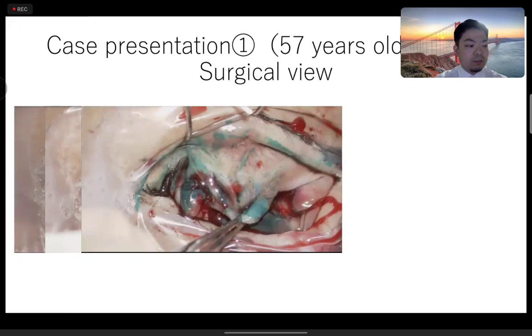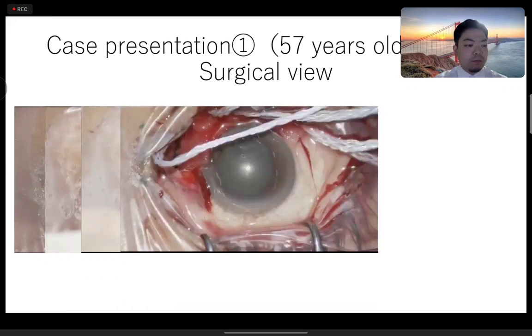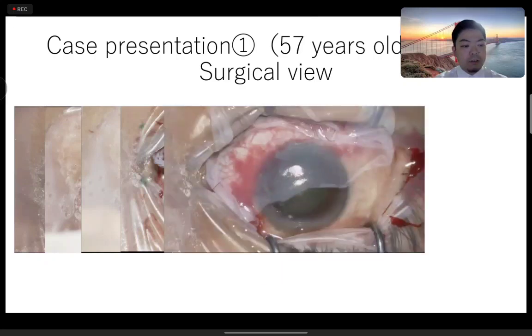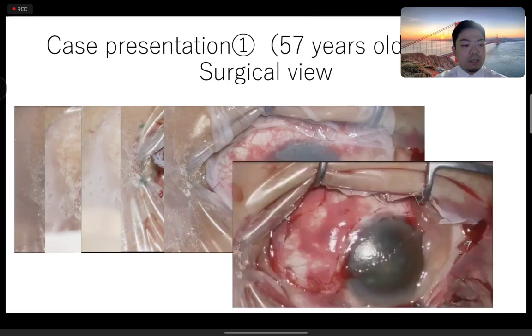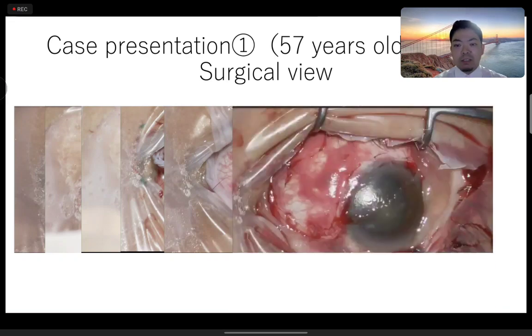After excision, mitomycin C was applied for 4 minutes and washed with 300 milliliters of physiological saline, and the amniotic membrane was pasted and the operation was completed.